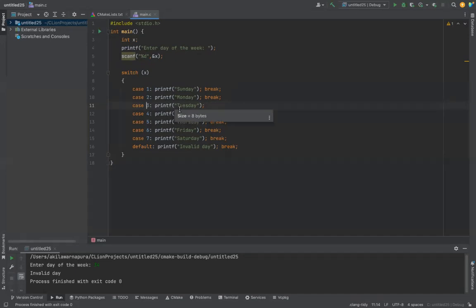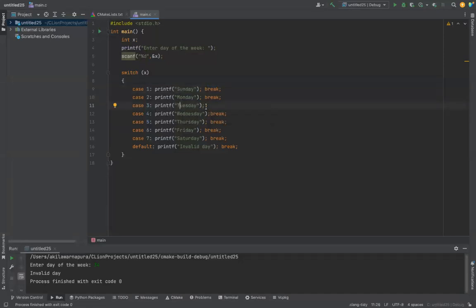I repeat this one. When there is a switch case statement, if the case matches, suppose x is 1, then it prints the printf statement. If there is another printf or any other thing, that is also printed, all the things printed until there is a break keyword.